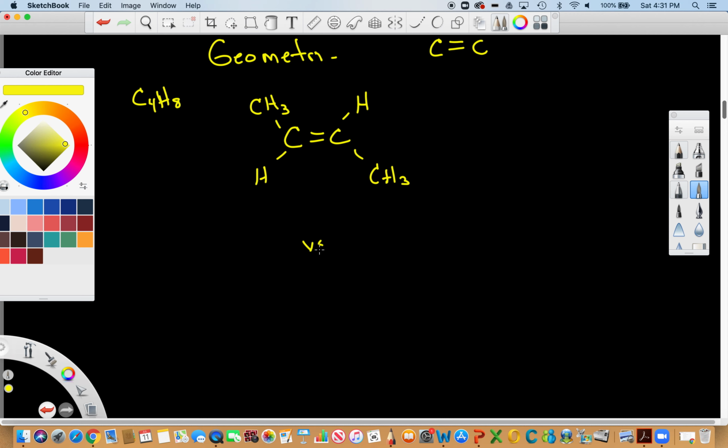Since that double bond cannot rotate, this top one is known as trans. In fact, it's trans-2-butene.